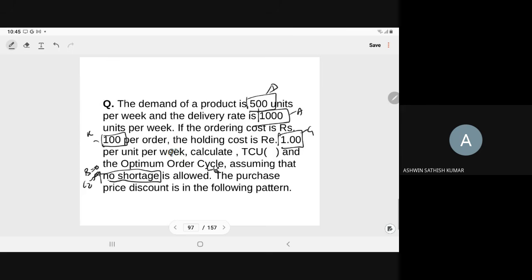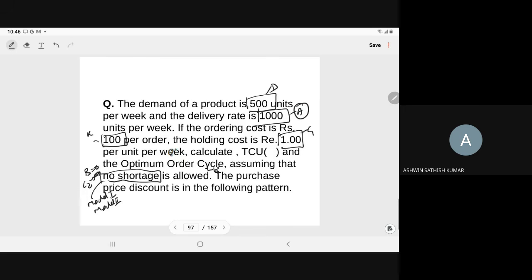So when no shortage is allowed, it is either model 1 or model 2. But here the delivery is given as a constant rate.